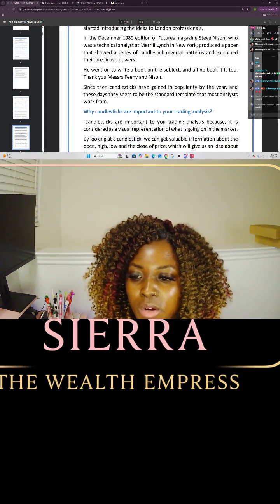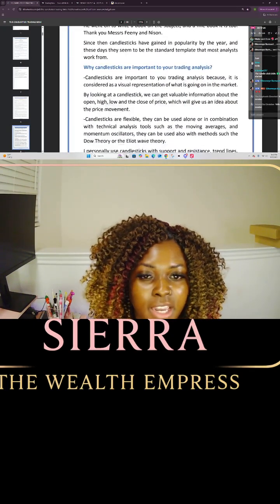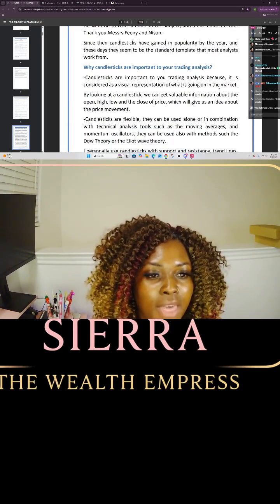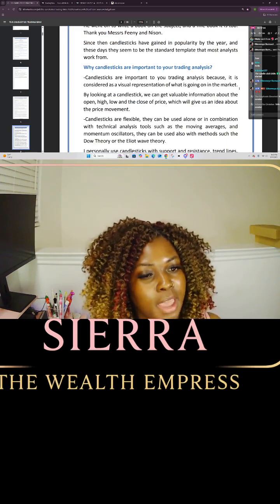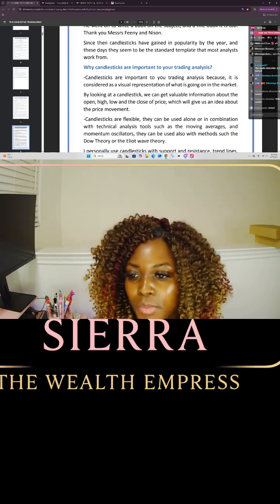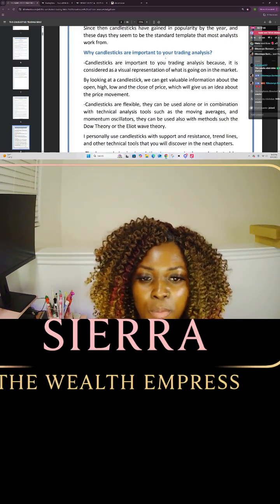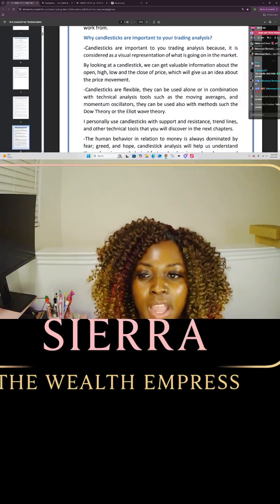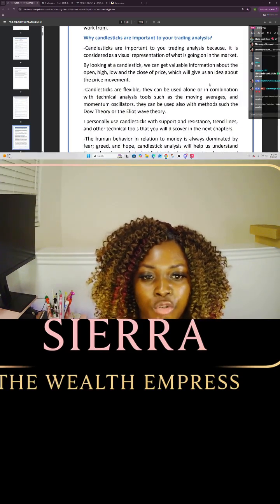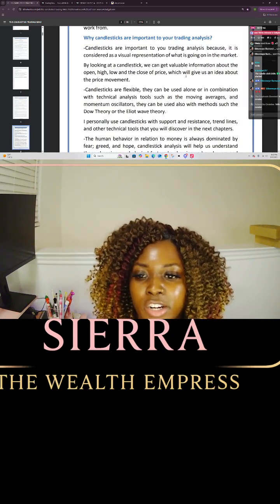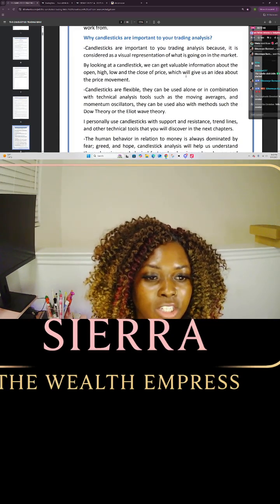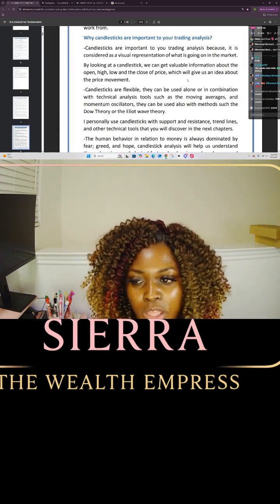Since then, candlesticks have gained in popularity by the year, and these days they seem to be the standard template that most analysts work from. Why candlesticks are important to your trading analysis: candlesticks are considered a visual representation of what is going on in the market.